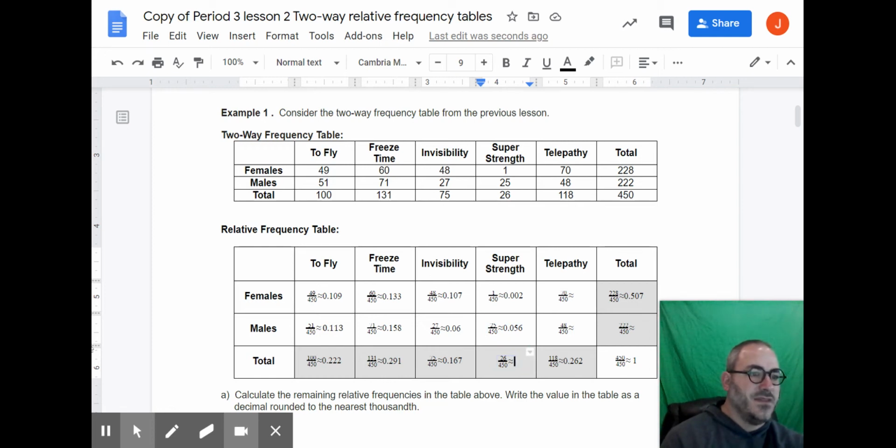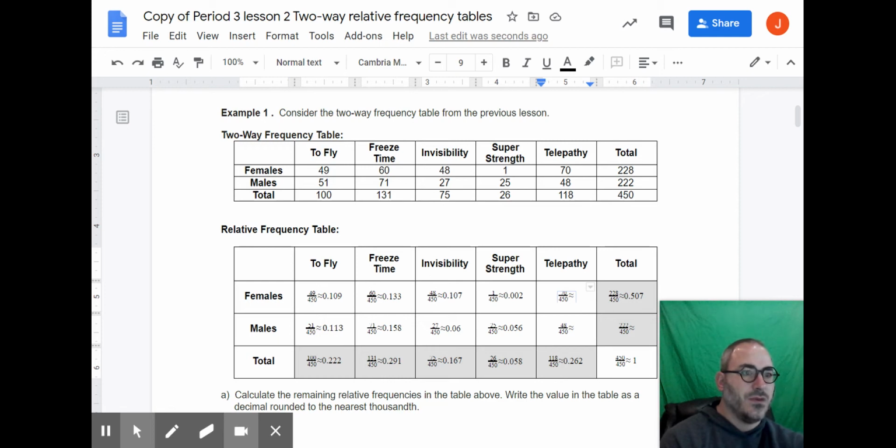26 out of 450. The relative frequency of 26 respondents that wanted super strength out of 450 total respondents. That's going to be 0.058, right? Rounding that 7 up. All right, I got telepathy over here. Telepathy 70 divided by 450.